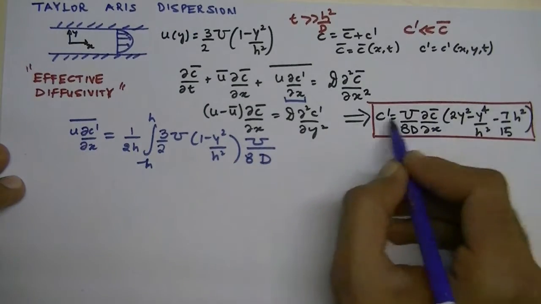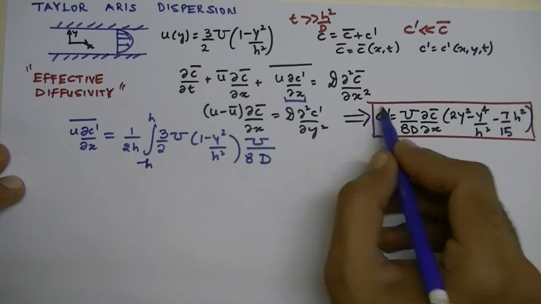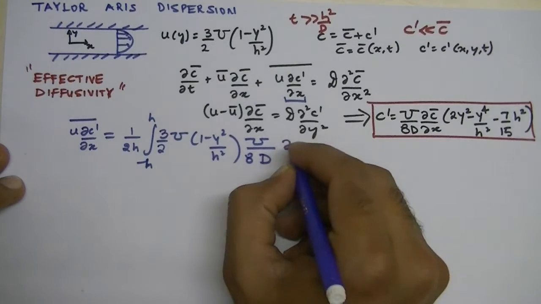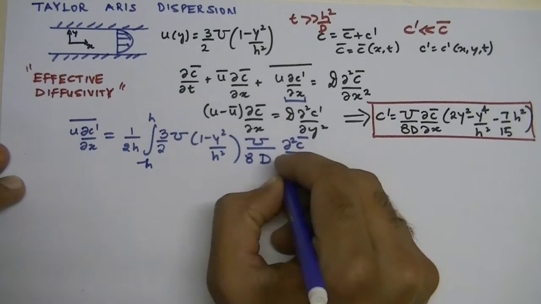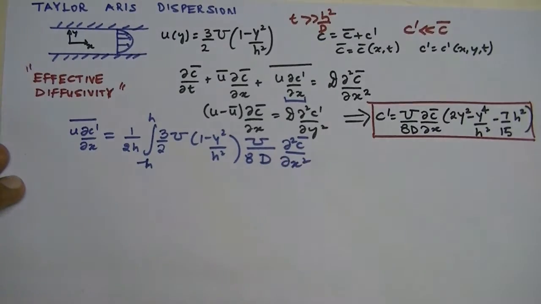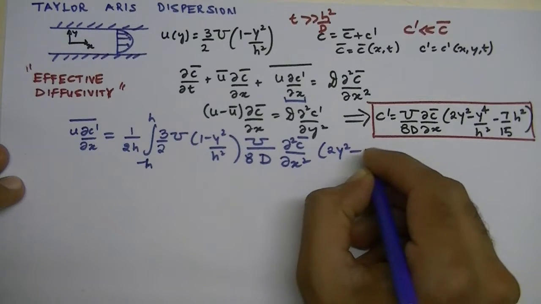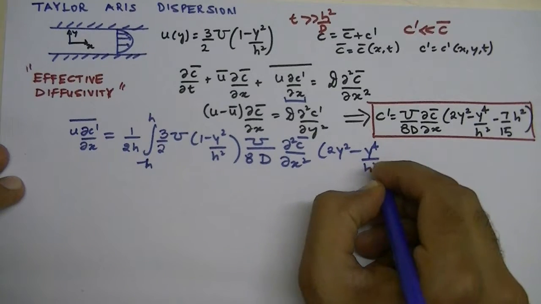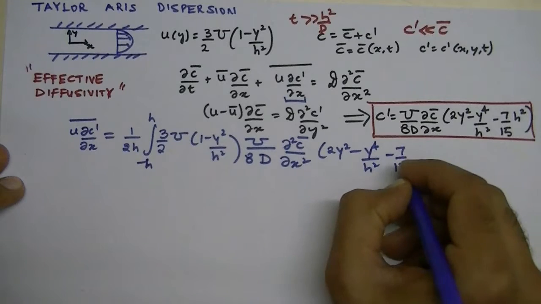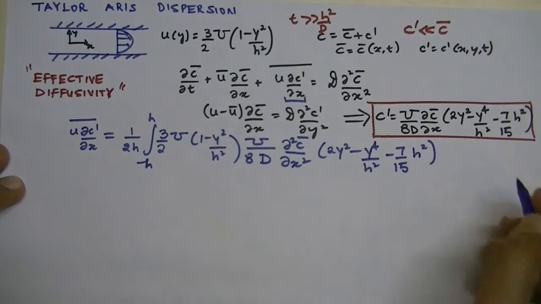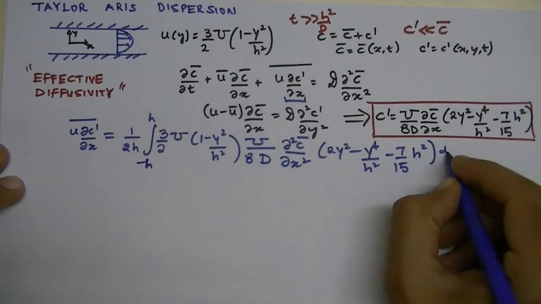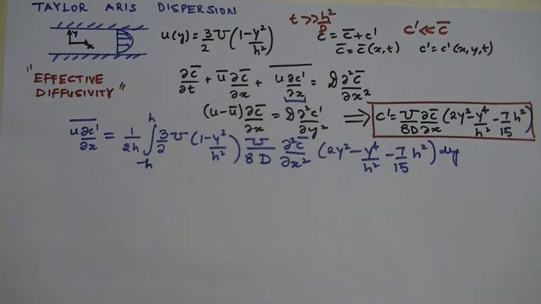So if we take the derivative with respect to x, we will now get del squared C bar by del X squared times 2y squared minus y to the 4 over h squared minus 7 over 15 h squared, and we need to integrate this whole term over y.